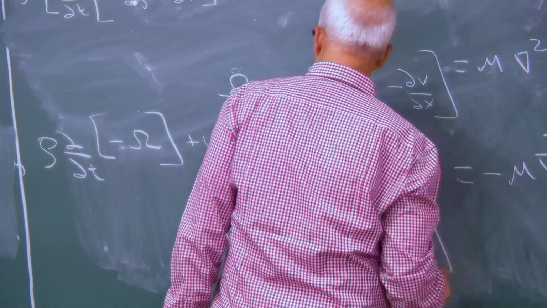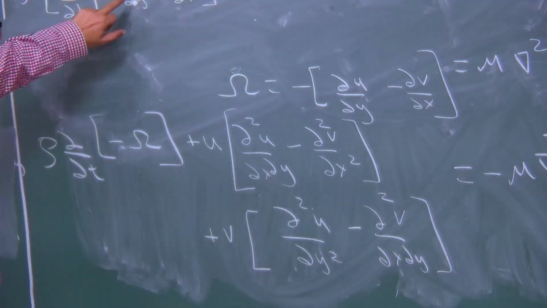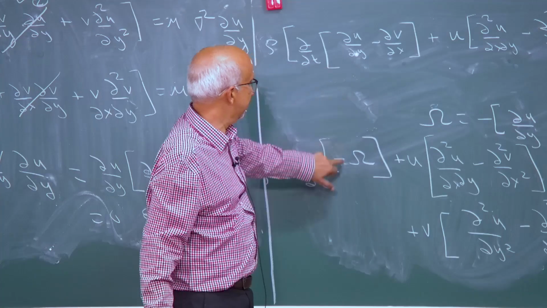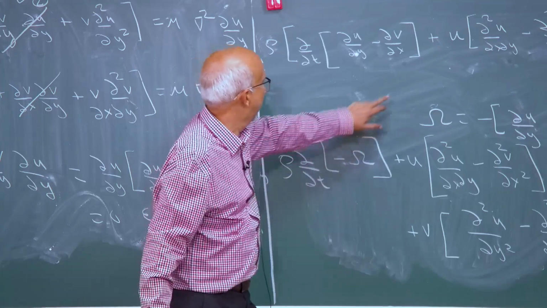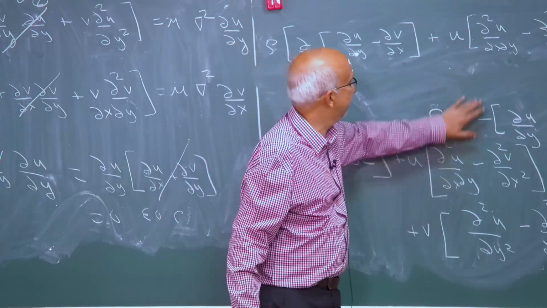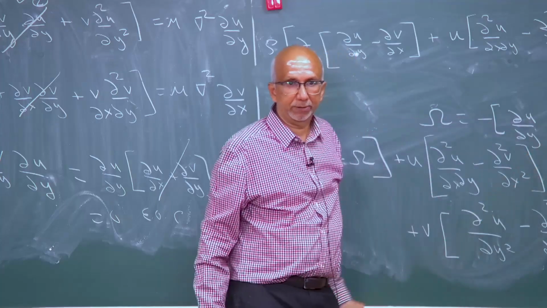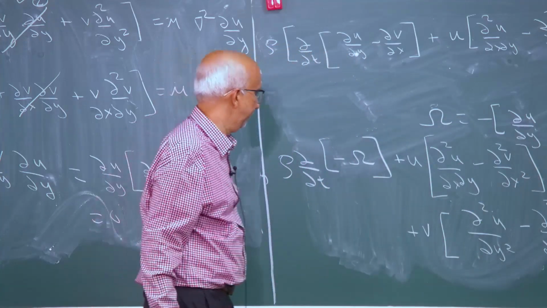So what have I done? Wherever I've taken this term, I've put it as minus omega, and I've just rewritten these terms and put that as minus omega. That's what I've done.